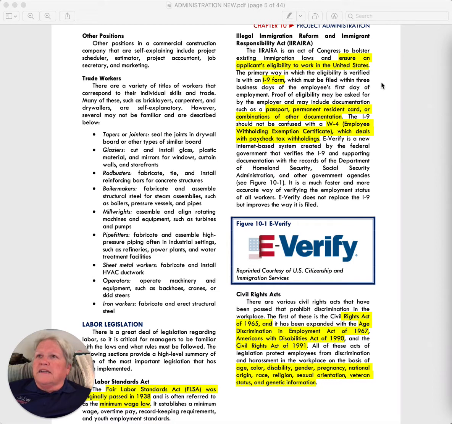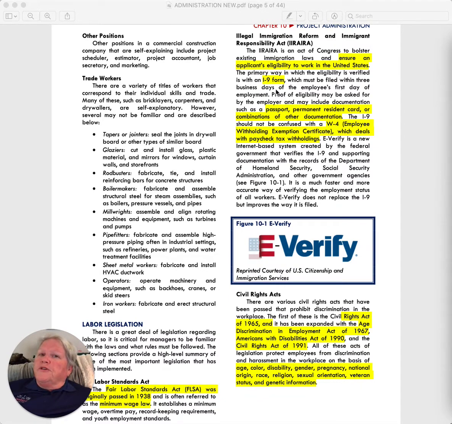It's asking you to prove your citizenship, whether you're a permanent resident, or a passport can be used to confirm that. You must show that you, in fact, are a citizen, and if not, then you probably have to have a work visa from the federal government to allow you to work.